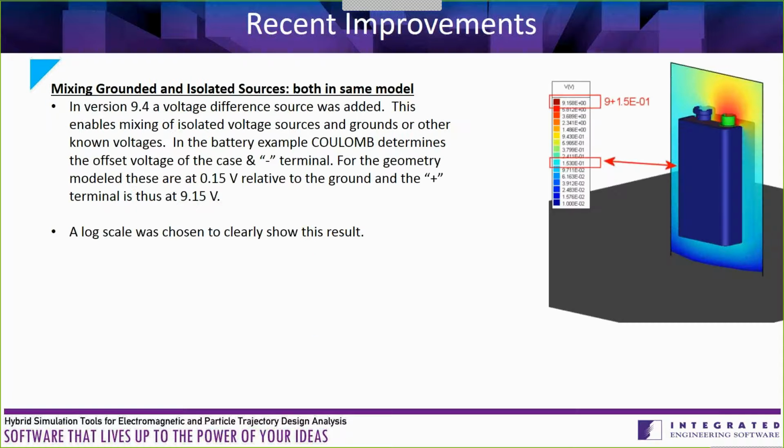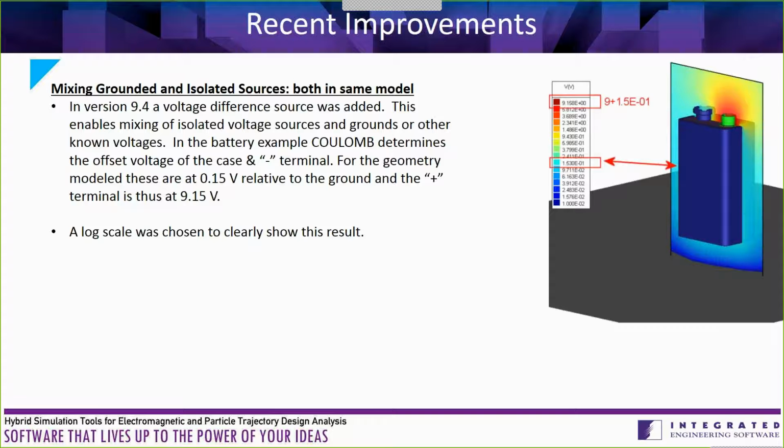So we introduced a voltage difference source to accommodate this. And what it lets you do is to set one object as a reference and another object as a voltage relative to that reference. And now we can actually generate this.